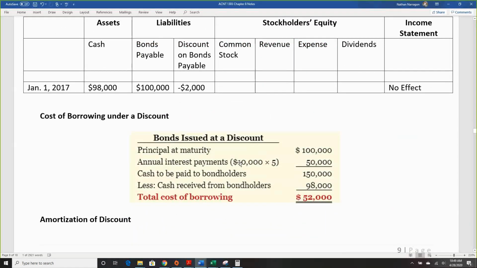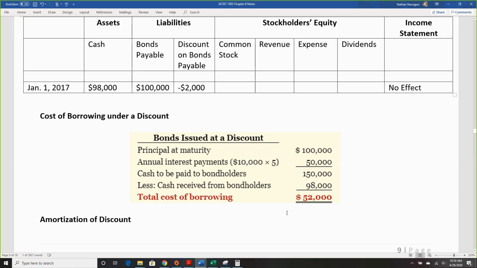You take your interest payments. We're only going to be making 5. So 10,000 times 5 is 50K. So the total cash to be paid to bondholders, the maturity plus the interest, is 150,000. Then we'll subtract the cash we received.